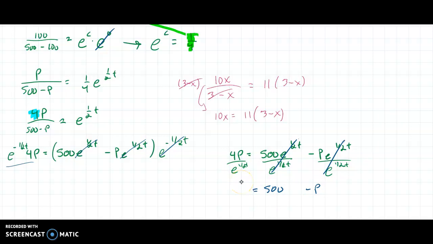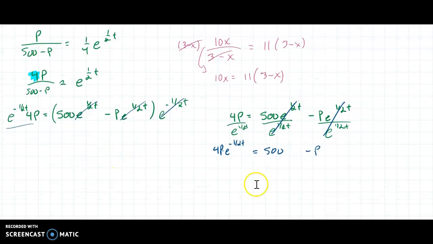So that gives me 4p times e to the negative 1/2 t, because that's how negative exponents work. So coming from this line, I can get the same thing. Notice this, if I just reorder it, is 4p times e to the negative 1/2 t, and then equals, I have a 500 and a minus p.